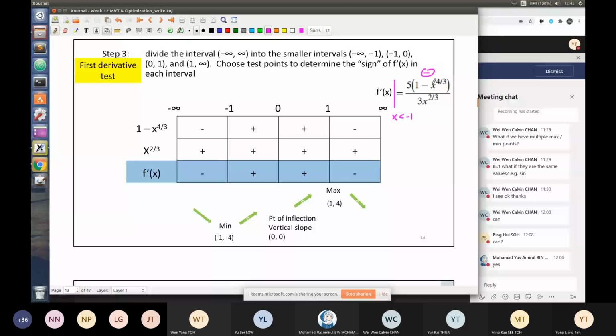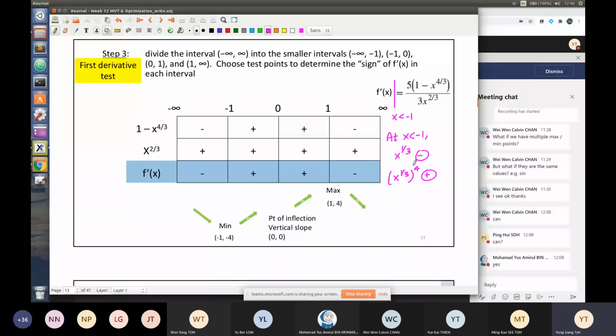Sometimes you need to analyze step by step. As x is less than -1, x to the power of 1/3 is still a negative number, but x to the power of 1/3 to the power of 4 is now a positive number. Is that all right?